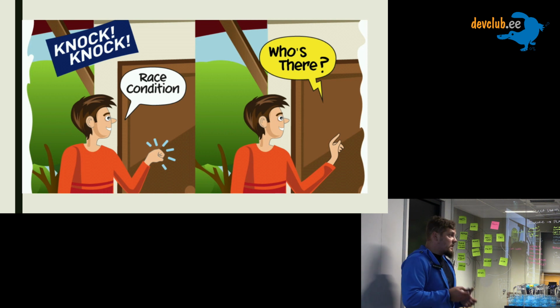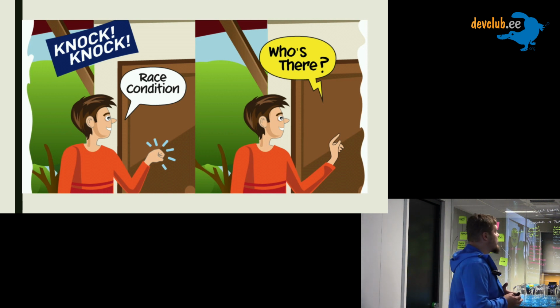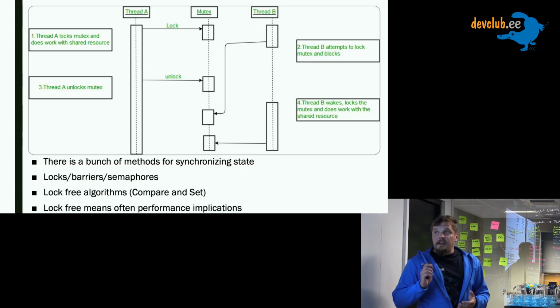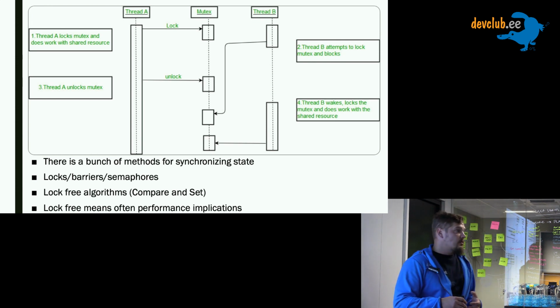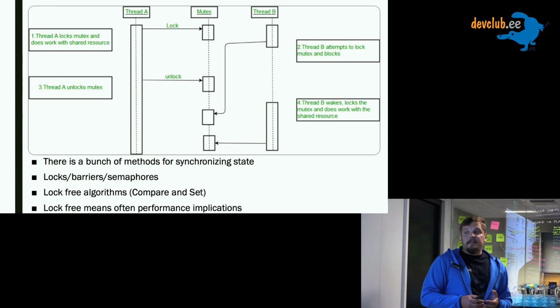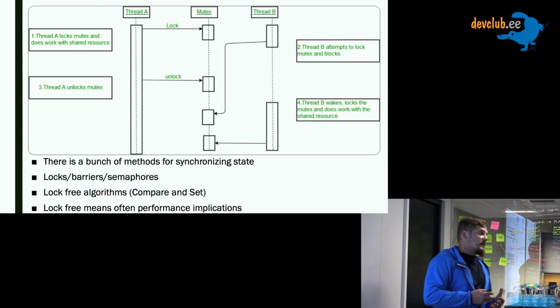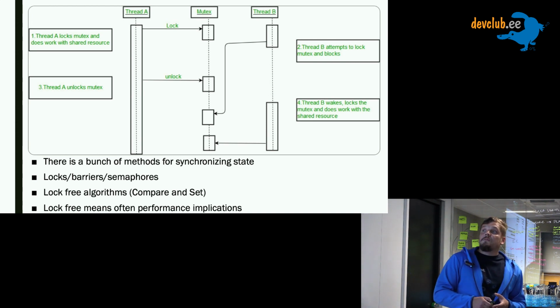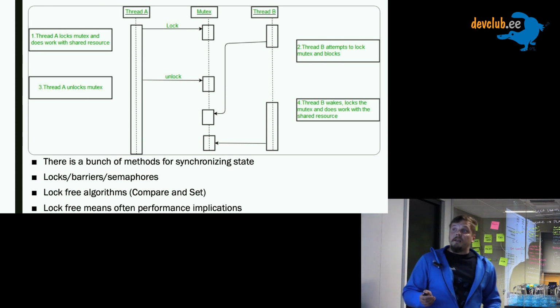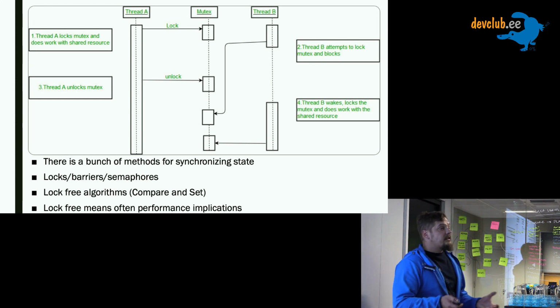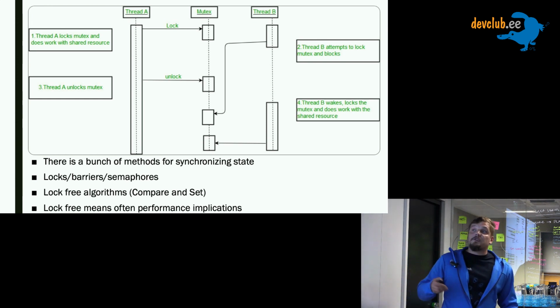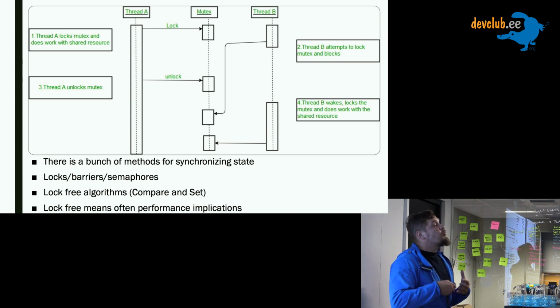Usually it means that you have some wrong ordering of your executions. Different mechanisms for synchronizing state were invented to cope with these problems. The best known is the lock. When one thread acquires a resource, it locks it, and if another thread wants to access the same resource, it should wait.